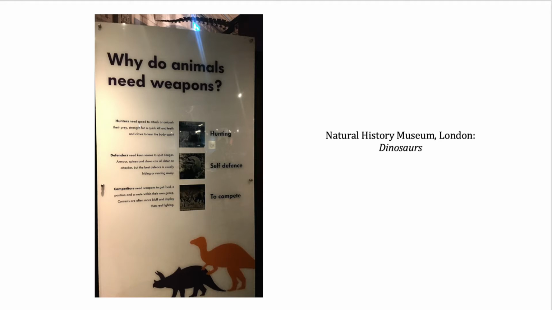Those are immediately relatable aspects of life and animal behavior, and indeed sometimes human behavior. But when you put it in context like that, especially when we are talking about animals that are no longer living, like dinosaurs, then this can be a huge and very immediate way of creating relevance and creating a connection.